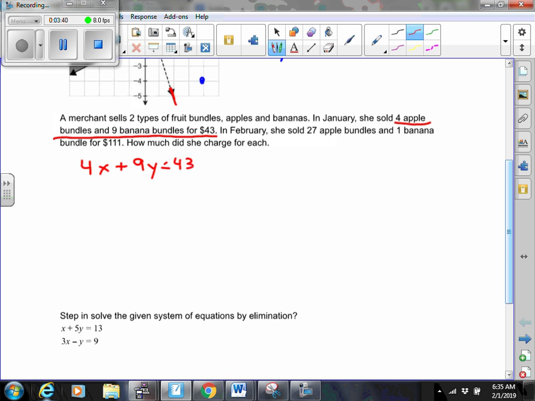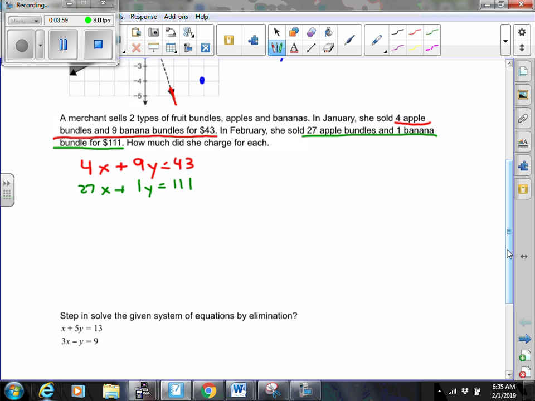That's one equation. The next statement says she sells 27 apples and 1 banana bundle for 111. So that's 27 per apple plus 1 per banana equals 111. Now you have the system, that's good.